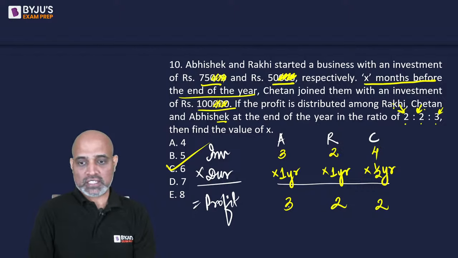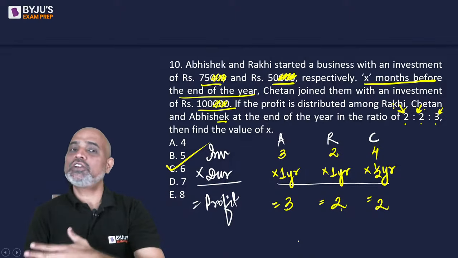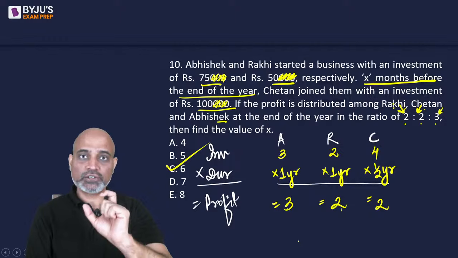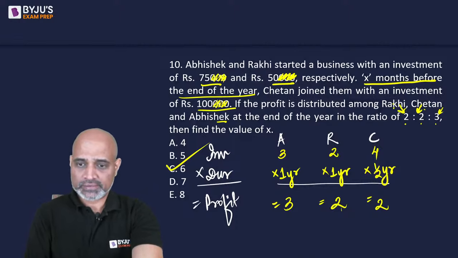So Abhishek is 3, Rakhi 2, Chetan 2. 3 into 1 year, 2 into 1 year, 4 into half will give you 2, no? That's what you need to multiply and check. Half a year मतलब 6 months के लिए था, means joined 6 months later or joined only for 6 months. If you read the language, X here denotes for how long Chetan was there. Chetan was there for only 6 months. Right?